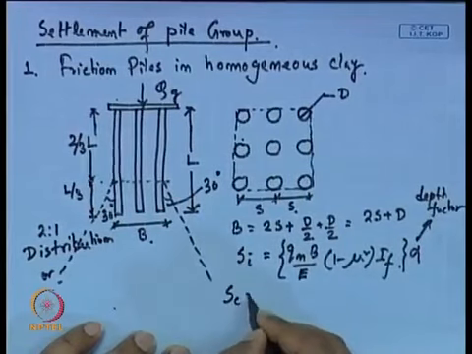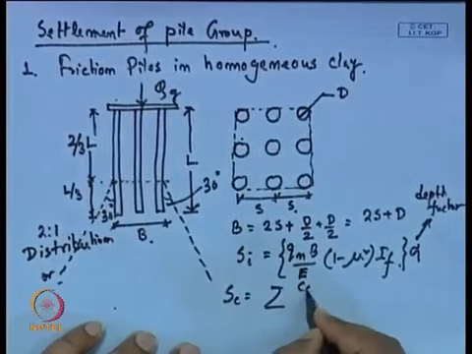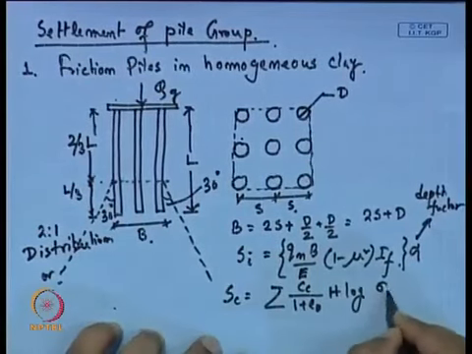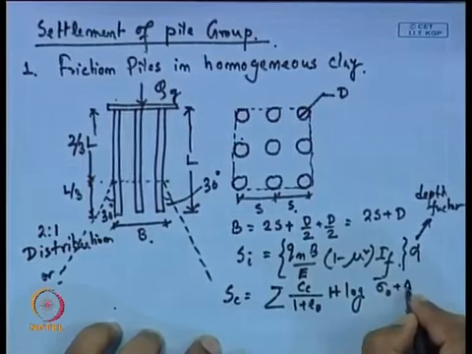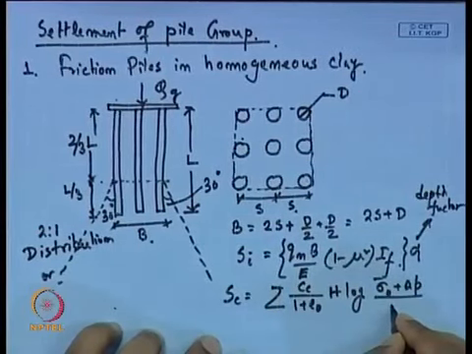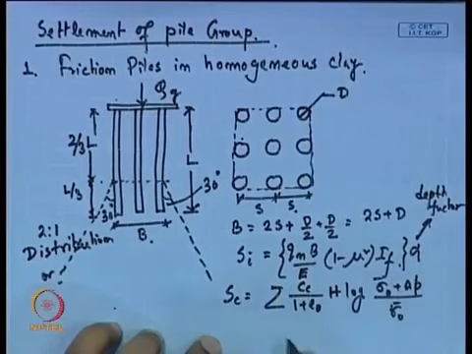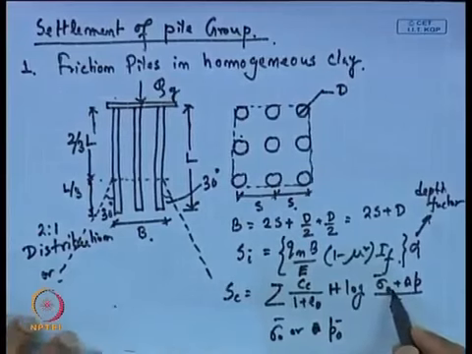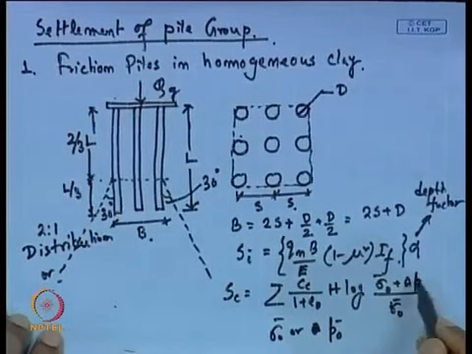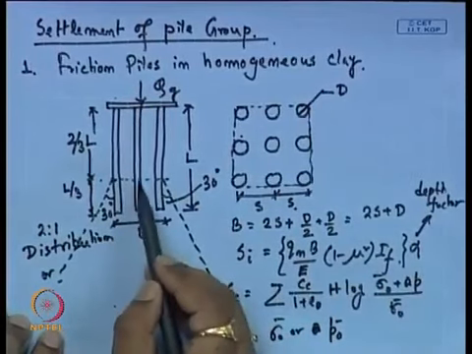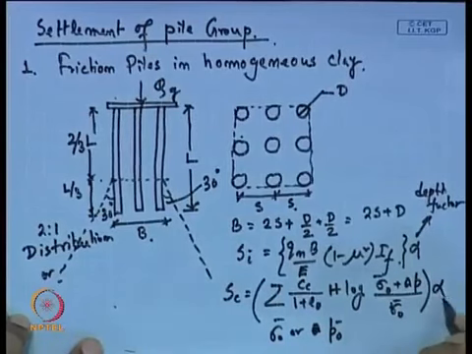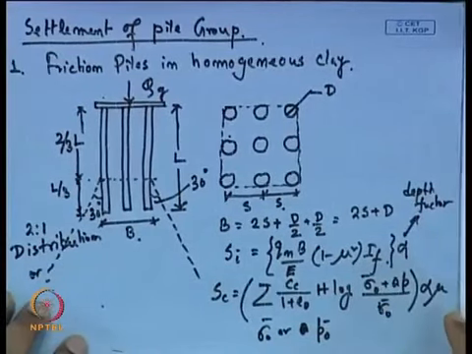And for the consolidation settlement, this is the summation of C_c by (1 plus e_0) times H times log of (sigma_0 bar plus delta p) by sigma_0 bar. So, sigma_0 bar is the effective overburden pressure at any point, and delta p is the increment of stress due to the application of this load. So, again here we have to multiply it by alpha and then mu.